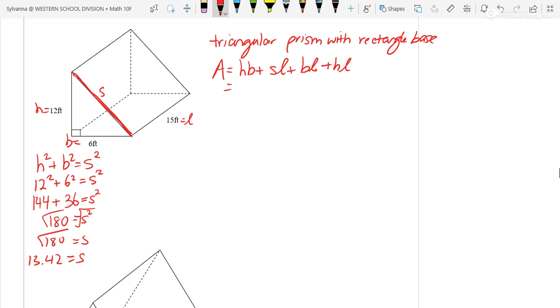So h times b, that's 12 times 6. Our slant we found is 13.42, and that's going to be times 15. Then our base is 6. We'll multiply that by 15. And lastly, our height is 12. We're going to multiply that by our length, which is 15.